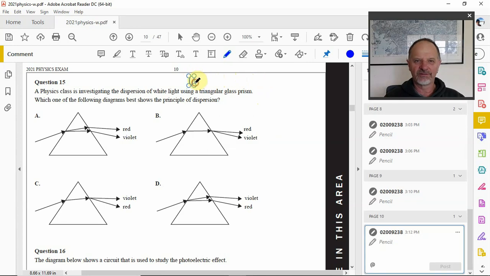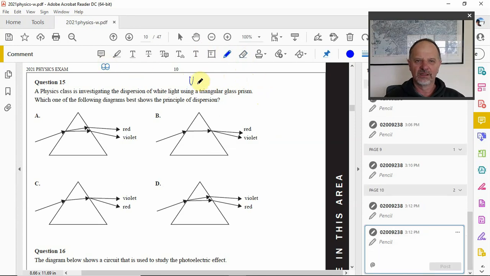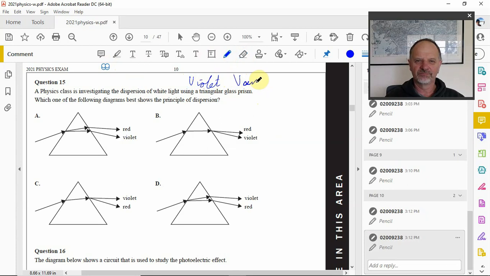Now, something that I've used forever is that violet varies violently. So using that mnemonic, VVV, if violet varies violently, it means that violet bends more than any of the others. So we've got light coming in and light going out, and the one that's bent more is violet.